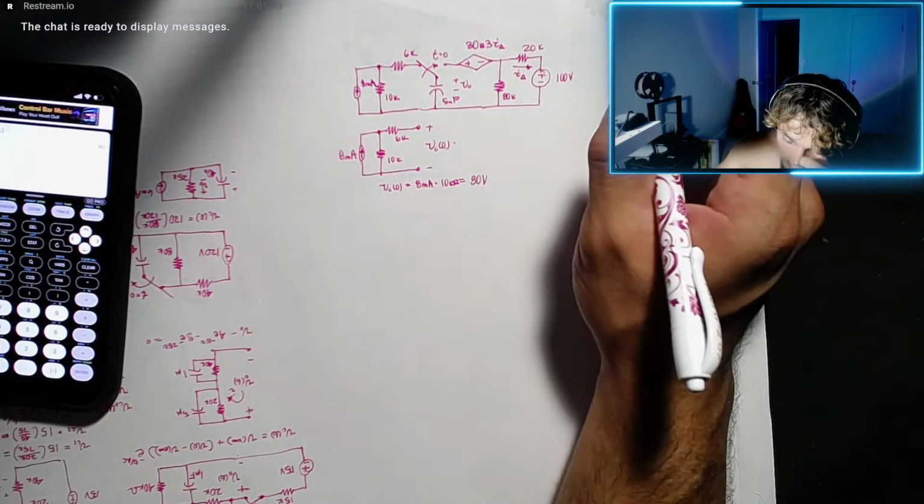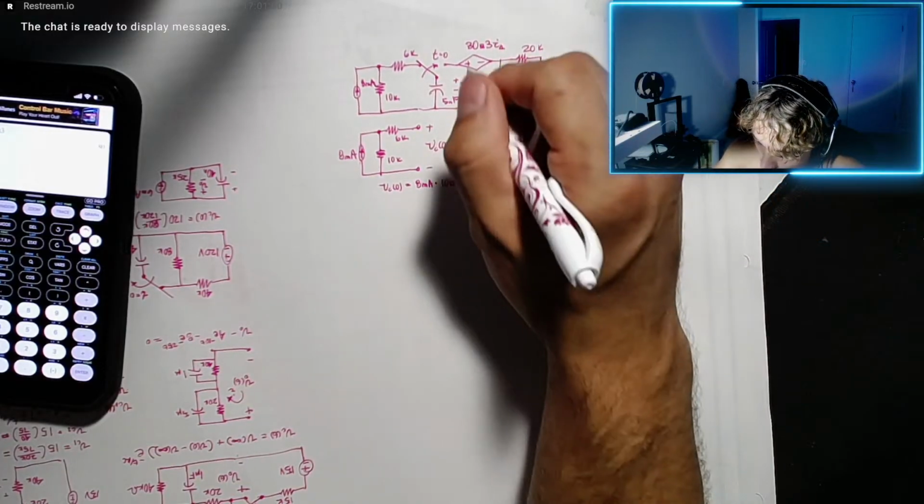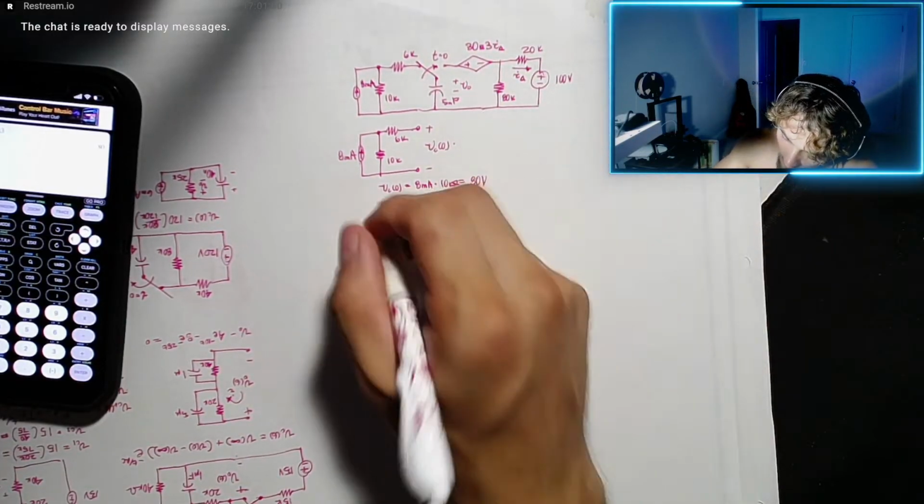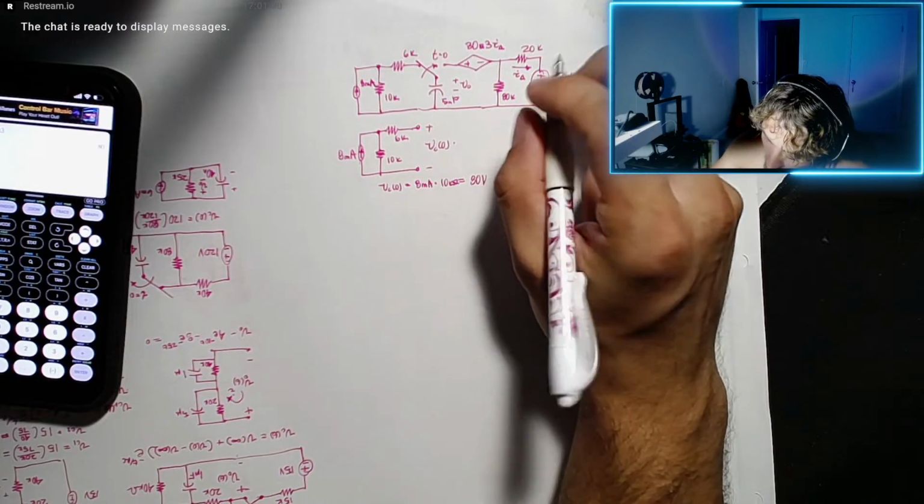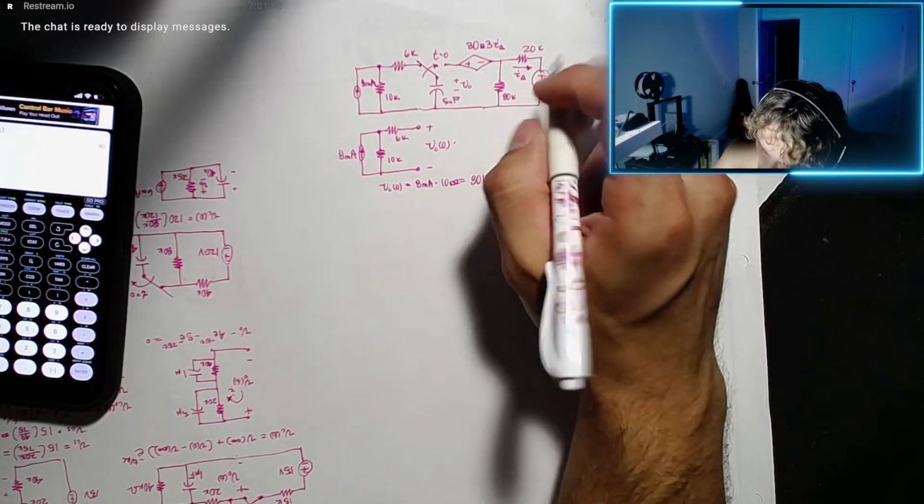Okay, and now we're going to find the Thevenin equivalent of the next circuit, this portion here. So it's going to look like this, and our capacitor is the load.